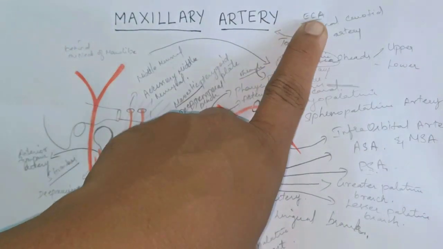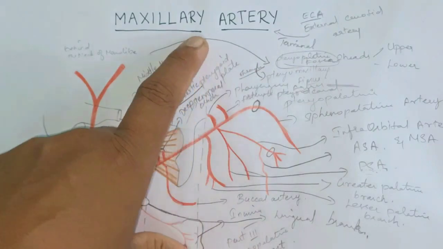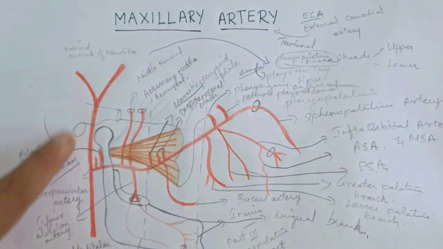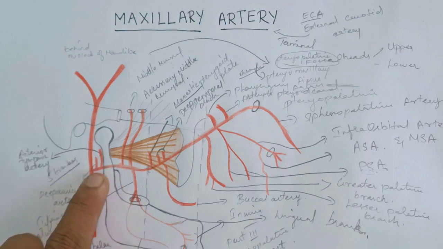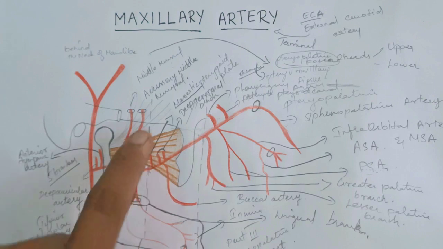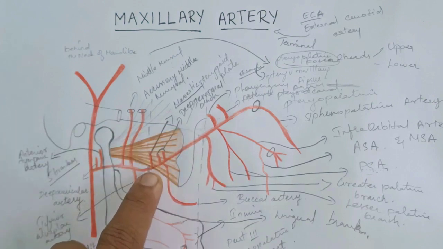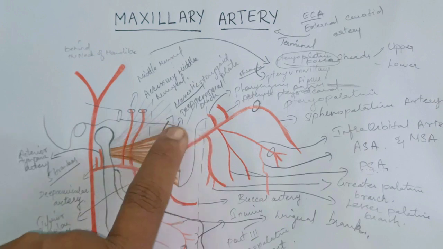See in detail, this maxillary artery is a branch of external carotid artery which is the largest terminal branch. Let's see how it originates. It arises behind the neck of the mandible and runs forward and horizontally and reaches the lower border of the lower head of the lateral pterygoid muscle. From there it reaches the upper border of the lower head of the lateral pterygoid muscle.